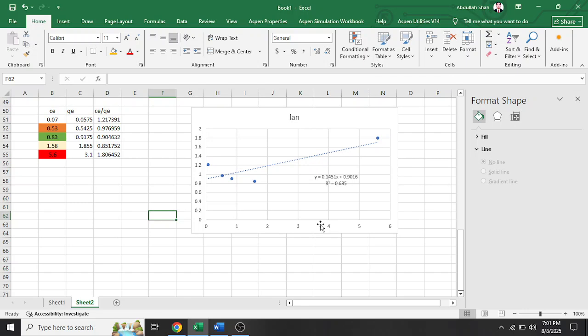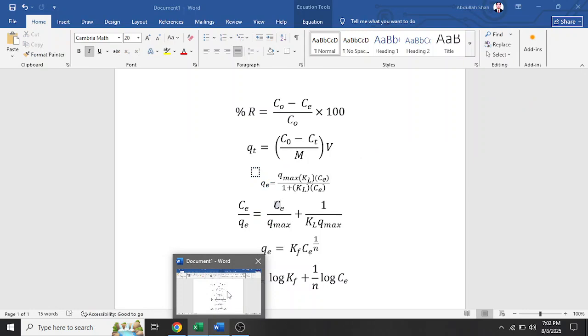On the x-axis you can plot the CE, and on the y-axis you can plot CE divided by QE, and this is the slope. So the slope is 0.1451, and it is equal to 1 divided by Q max.